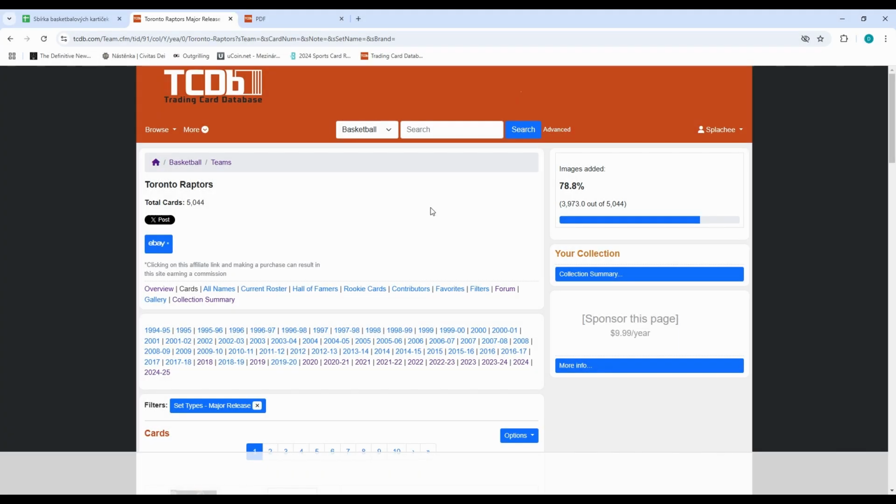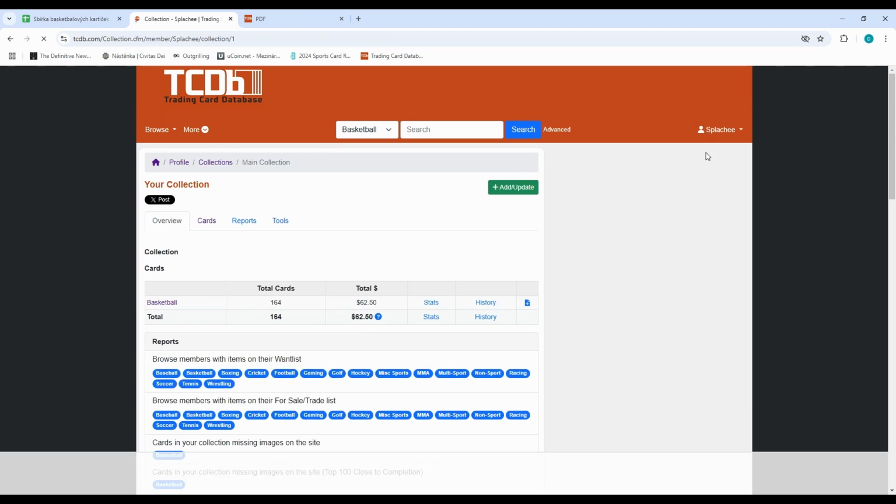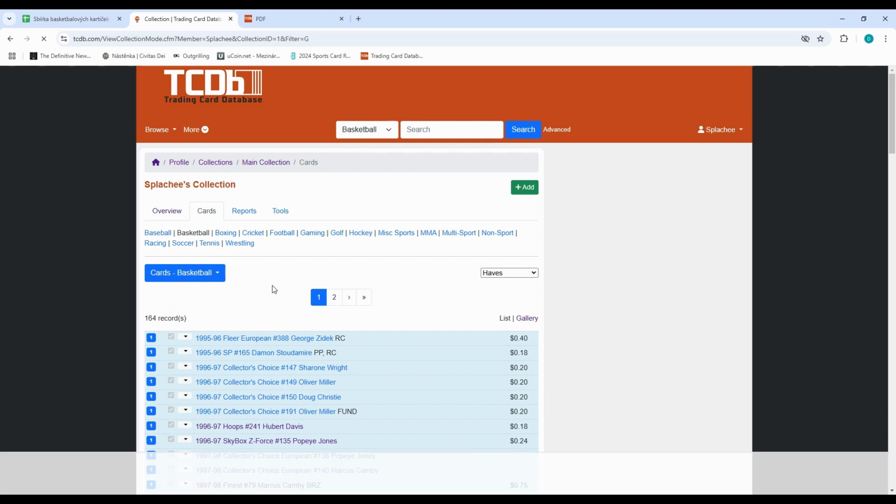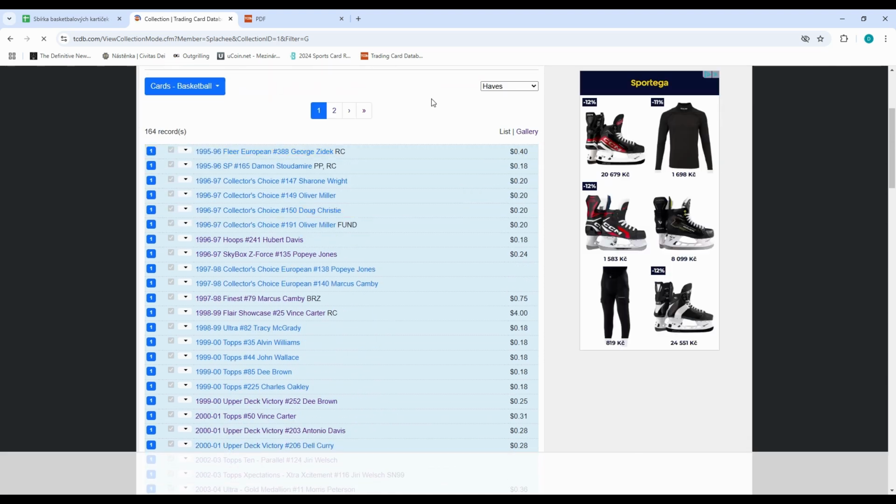In addition to what I actually want to collect, it's also possible to sort your collection on this page. So here, the cards. It's very good because it's also showing the price of the cards, just average. It's not the real price. But there's one thing that I'm missing: you should write down the cards you own on the checklists.